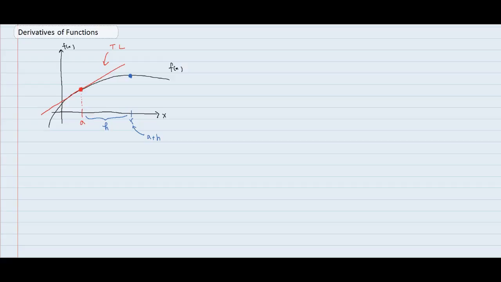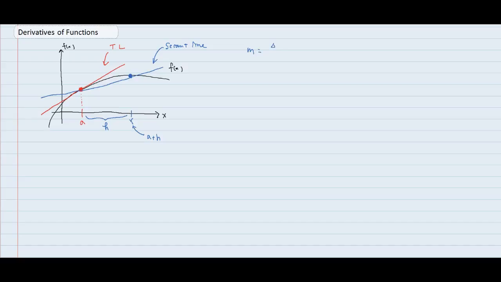Now with that, we can try to find the slope of the secant line given by this blue line. Sorry about the fact that it doesn't look as straight, but let's say that this is the secant line. Let's talk about the slope of the secant line, say m of the blue line.